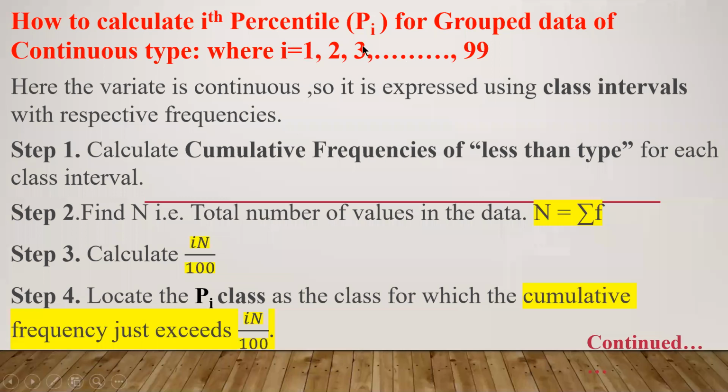For continuous type of data, we have to apply the formula, so that is what I'm giving you here. How to calculate the ith percentile Pi for grouped data of continuous type, where i can take values 1, 2, 3 up to 99.